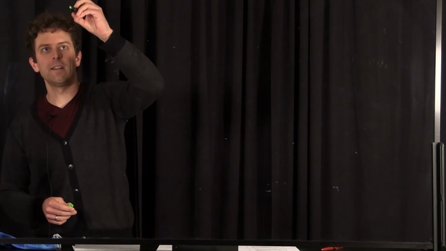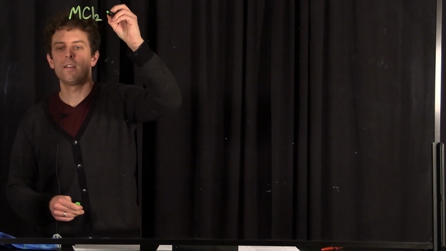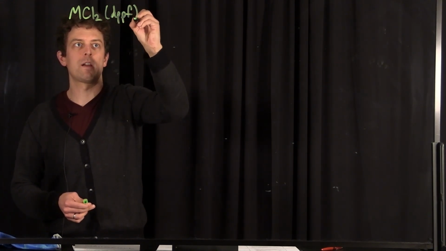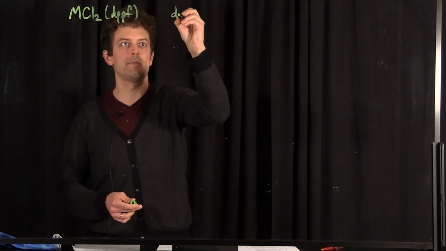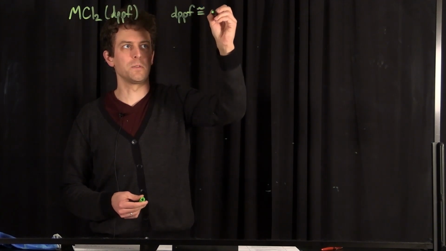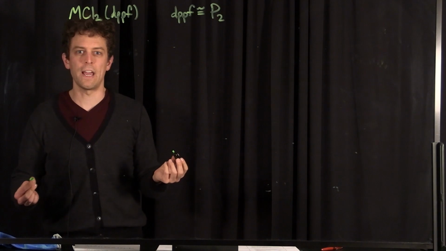So let's start with electronic structure. We have complexes that you all made in lab, metal, dichloride with a DPPF ligand. I'm going to tell you that DPPF is, for all intents and purposes here, about equal to what we'll call P2, right? This is a diphosphine ligand.